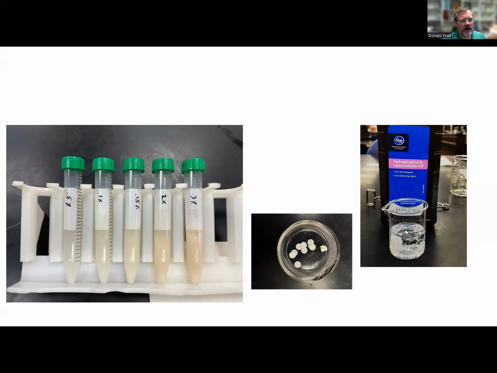And then we're going to drop the disc into a little beaker with 30 milliliters of hydrogen peroxide. When you first put the disc in, it's going to sink to the bottom, but after some time, the little disc will float to the top. So we will time how long that takes.